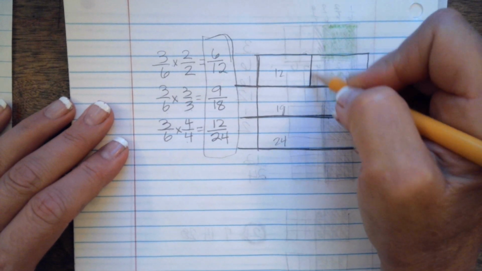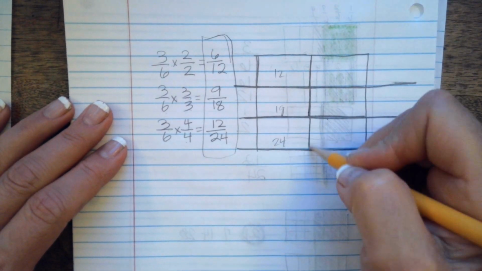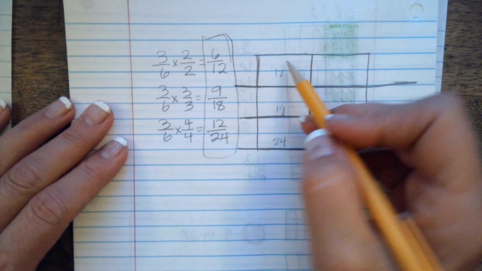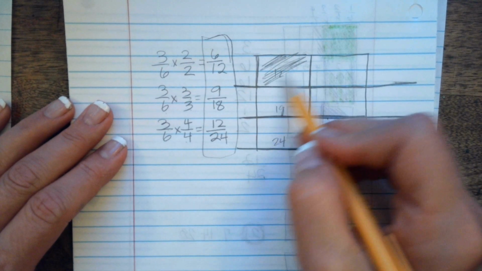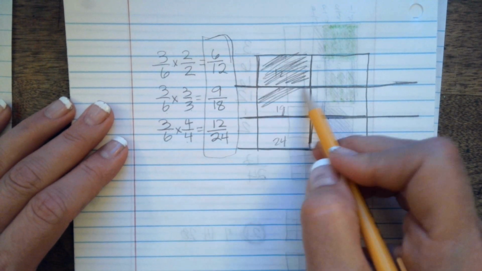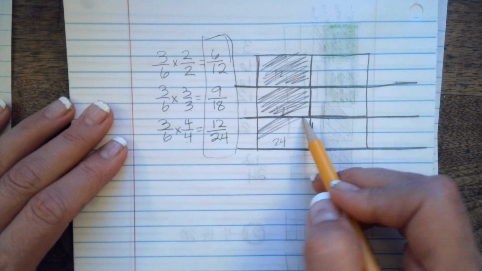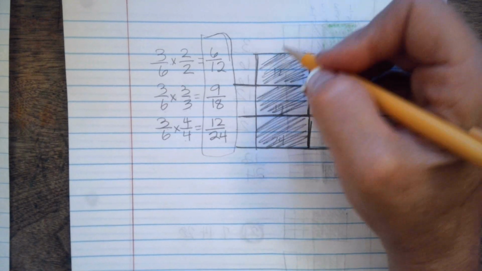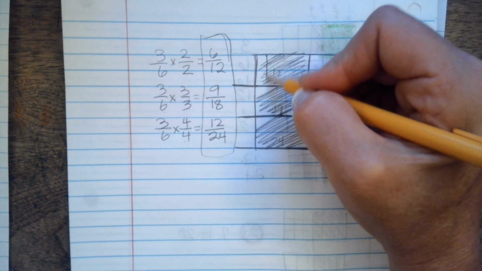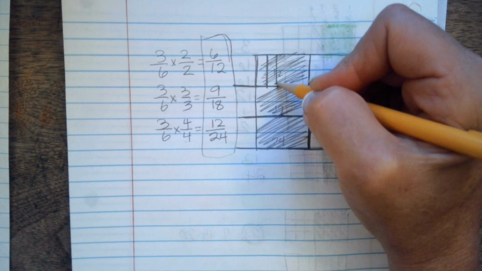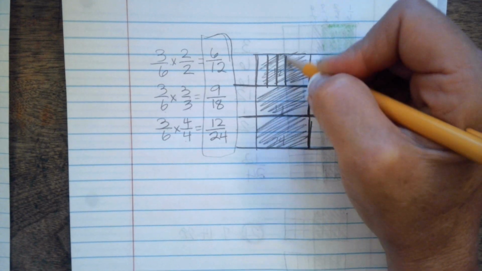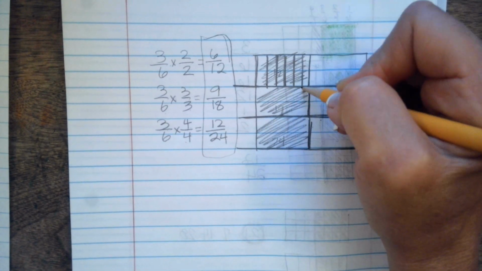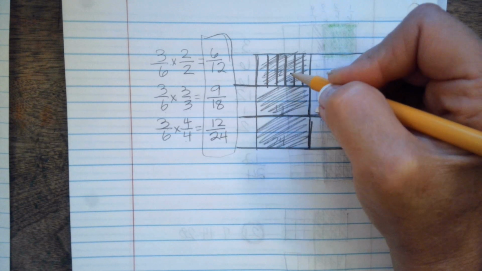So just for easy sake, we know 6/12 is a half, right? Mm-hmm. So all of these are going to be a half. And then we need to figure out how we would cut this into halves. So we know half of 12 is 6. So our first half is going to be cut into 6. 1, 2, 3, 4, 5, 6.